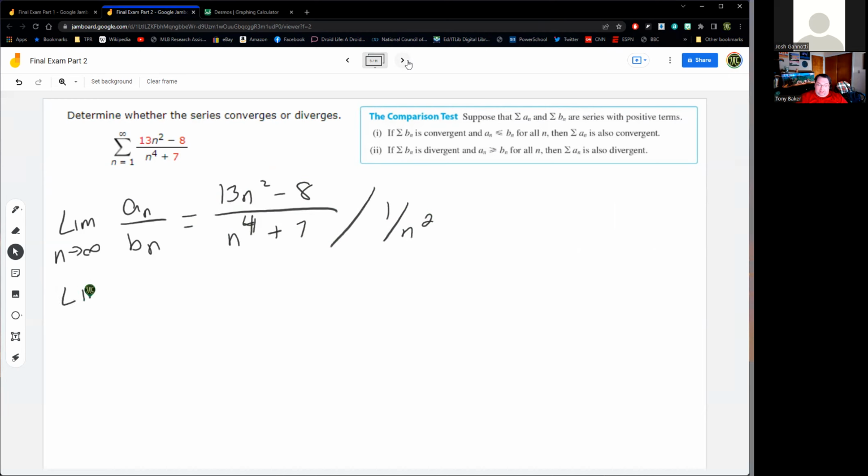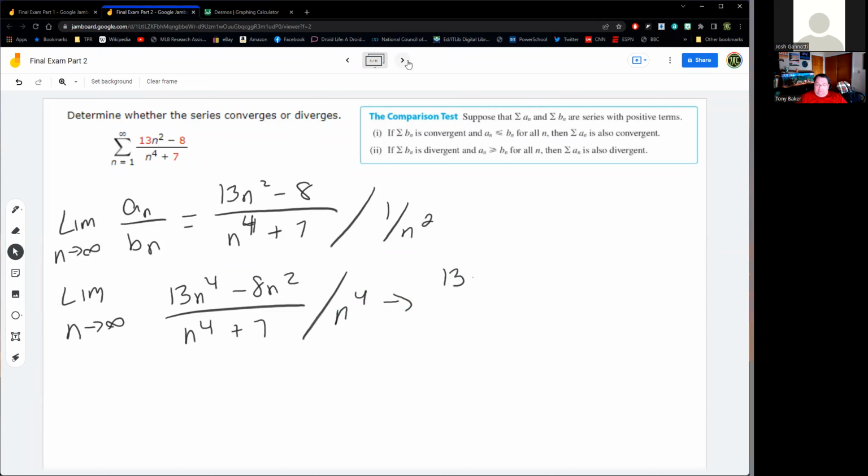So I've got the limit as n goes to infinity of 13 n to the fourth minus 8n squared over n to the fourth plus 7. So I'm going to divide everything by n to the fourth. So I've got 13 minus 8 over n squared, over 1 plus 7 over n to the fourth. So this goes to 13.